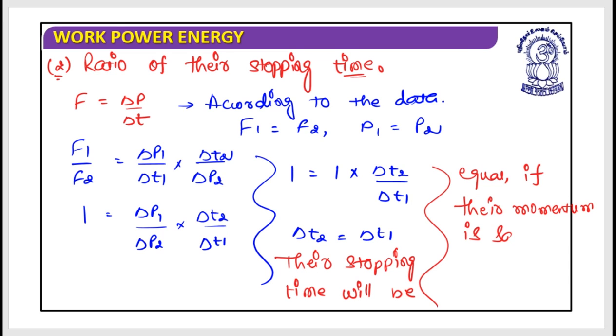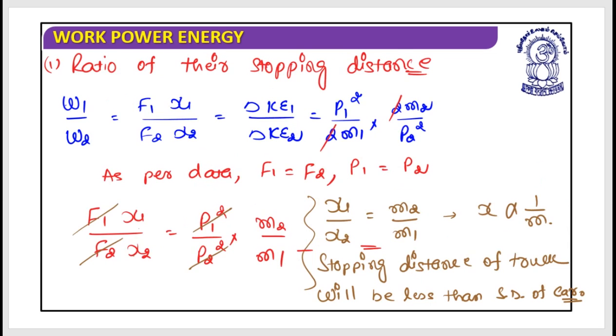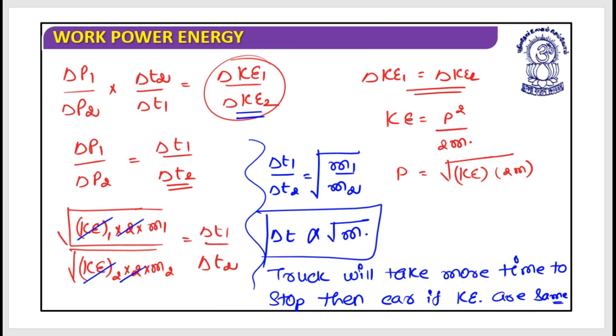is same. Yes, so this is very surprising that if momentum is same, their stopping time is same, and if momentum is same, their stopping distance could not be same. It is the inverse ratio of their masses. And when we did this same question when kinetic energies were same, look at this.